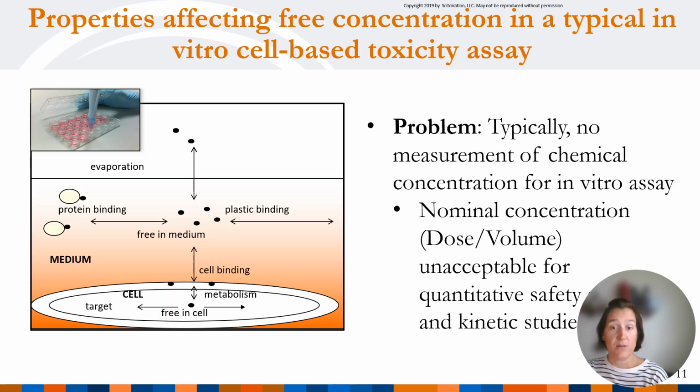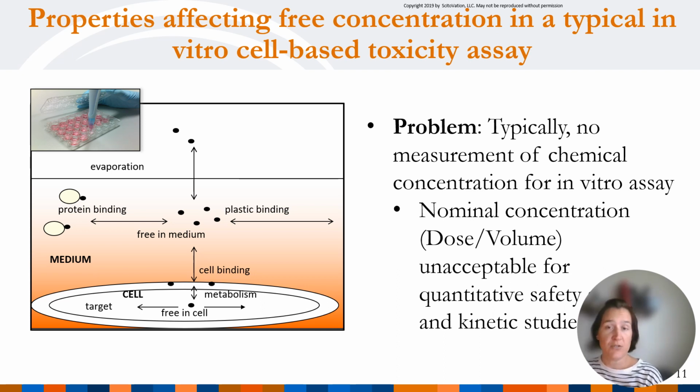Something that also needs to be taken into consideration is that in the in vitro system itself, there is some binding or other mechanism happening that can limit the availability of the compound.